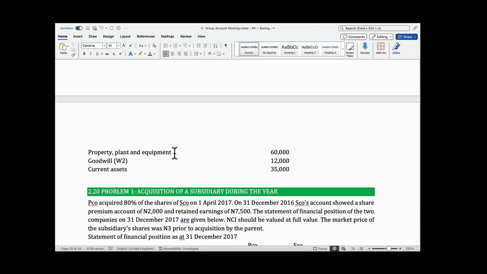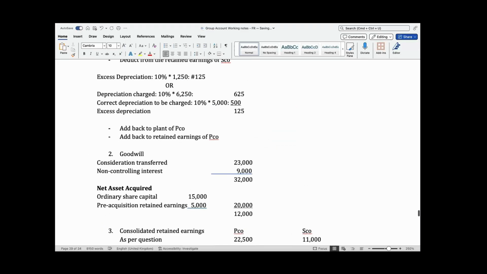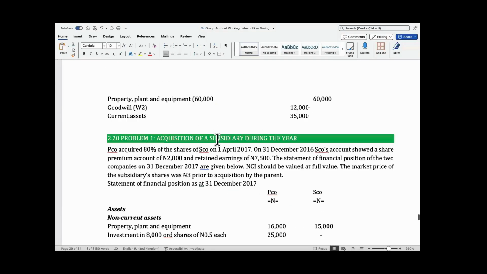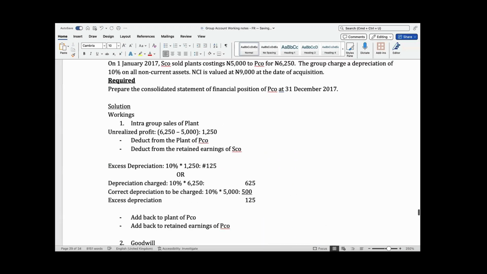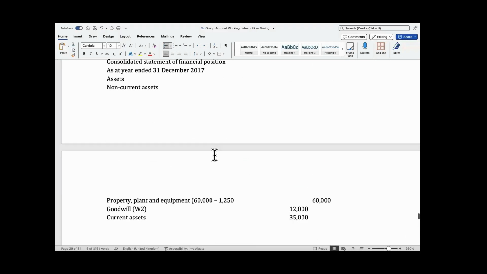Okay. Now here, don't forget this 60,000. You made some adjustments to plants. Number one, we deducted this profit from plants, which is 1,250. So minus 1,250 from workings 1. And also we added this 125 to plants.